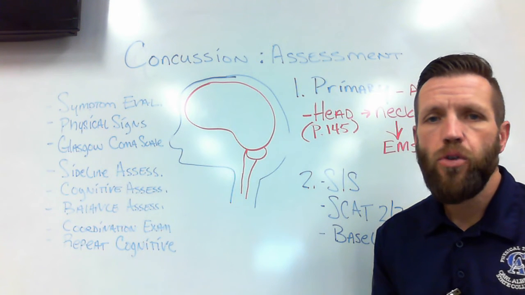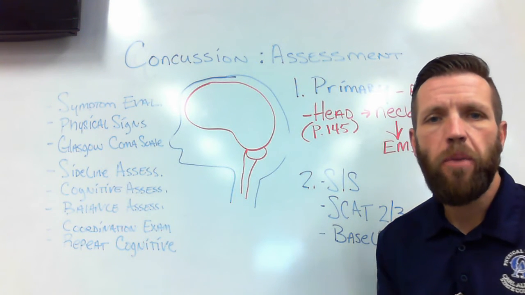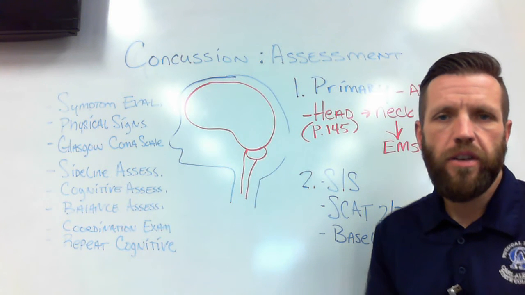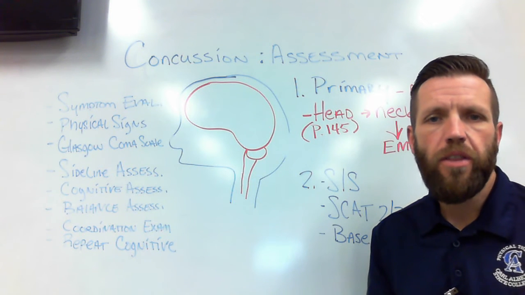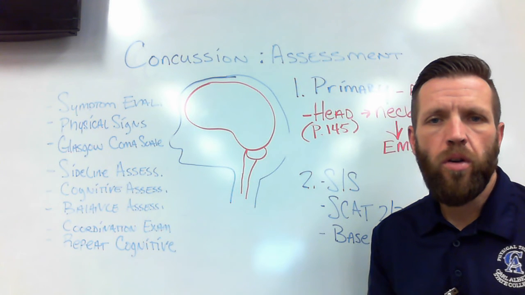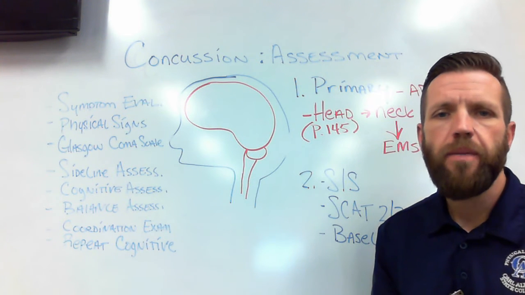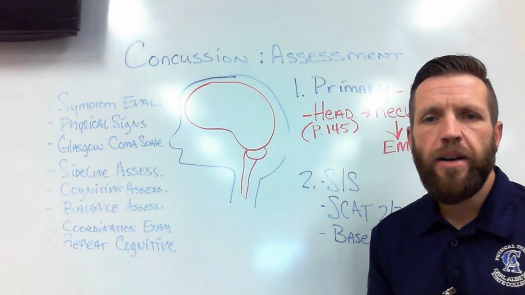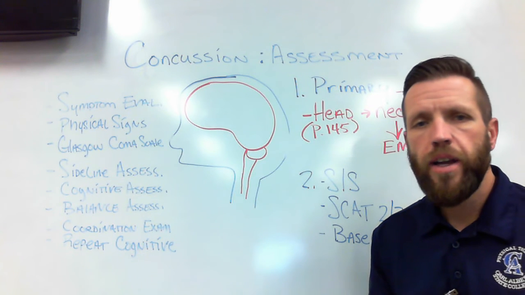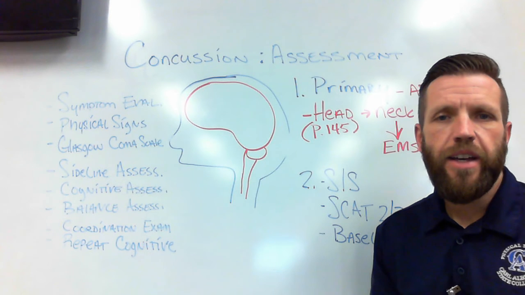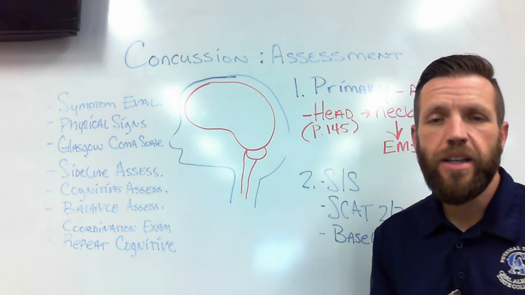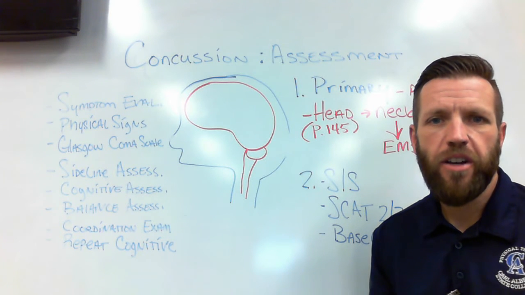A lot of times you identify that just by the postures the athlete is exhibiting on their court or field. If they're rolling around and moving quite a bit, that's a good thing. If they're crying or screaming, that's a good thing, because it usually means the really bad stuff is not occurring.